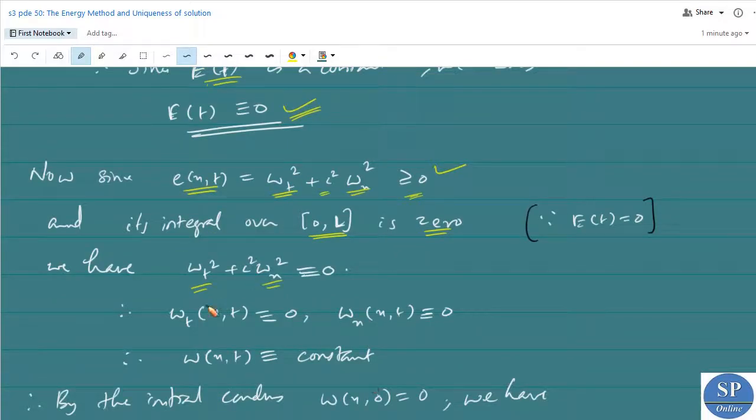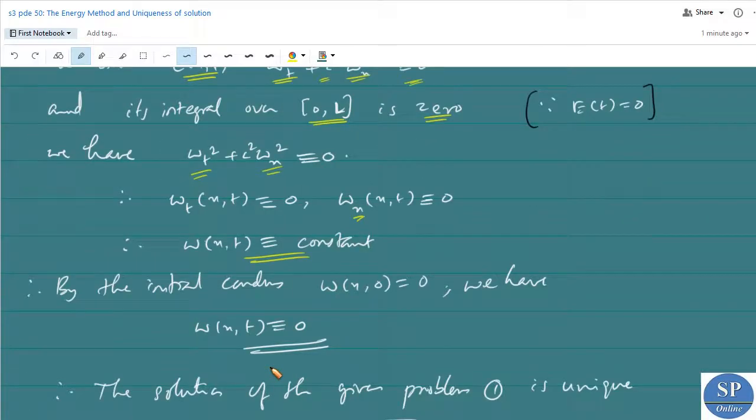Since w is a function of x and t, and the partial derivative with respect to t is 0 and the partial derivative with respect to x is also 0, therefore w(x,t) is identically a constant. By the initial conditions, when t equals 0, we have w equal to 0.